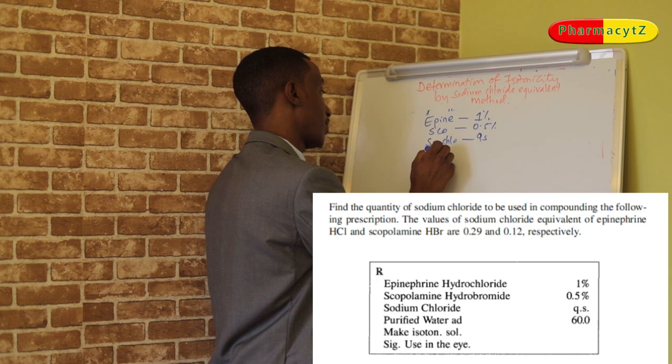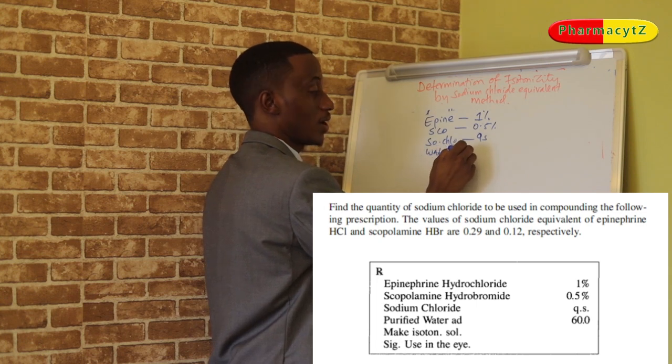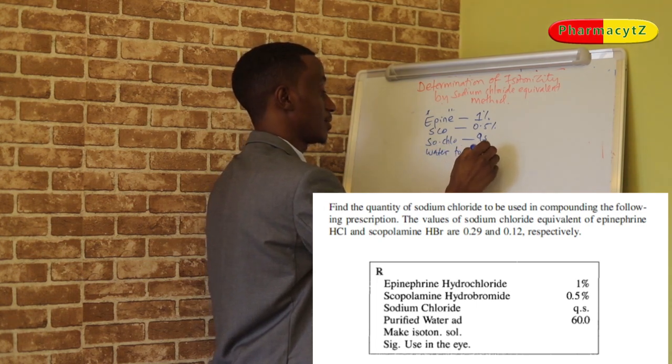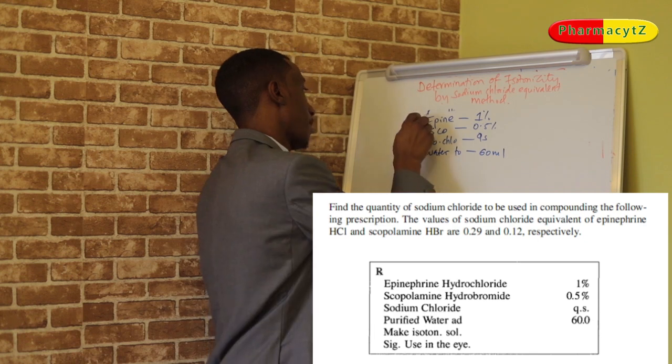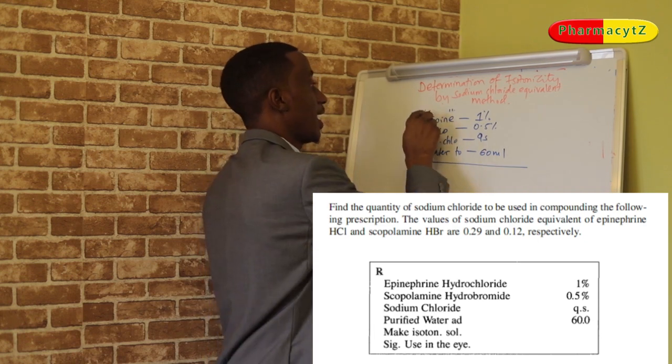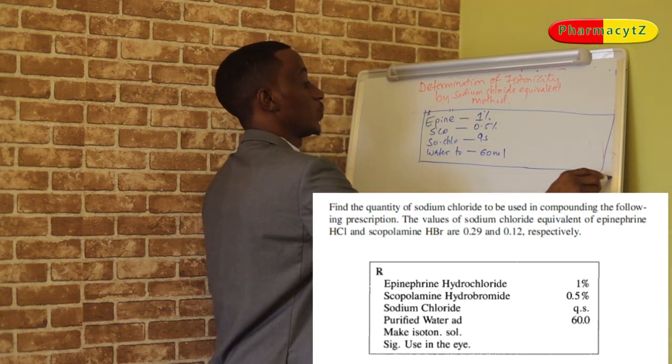Then water for preparations, you add up to 60 mL. Make this solution iso-osmotic with body fluids.